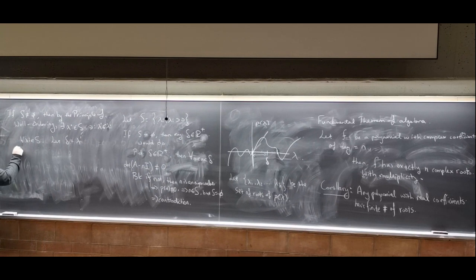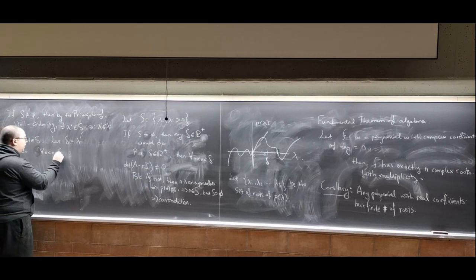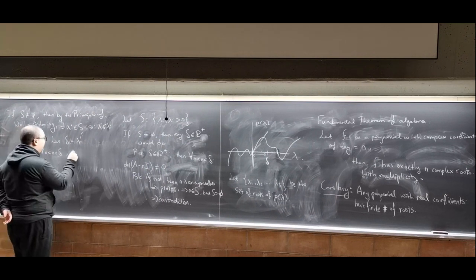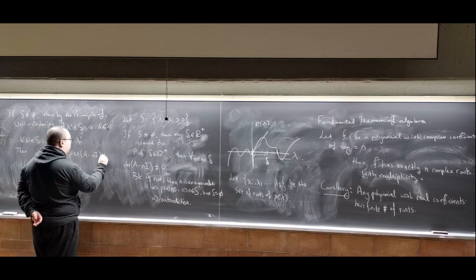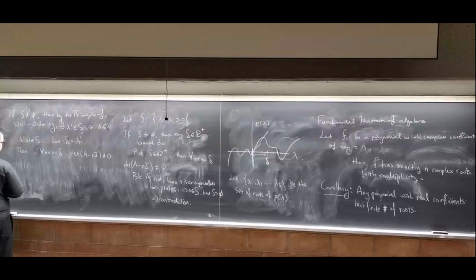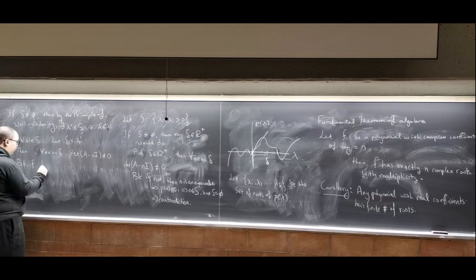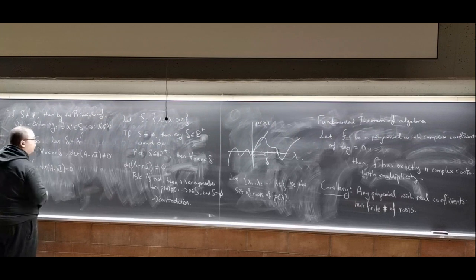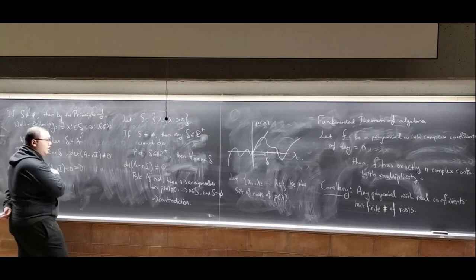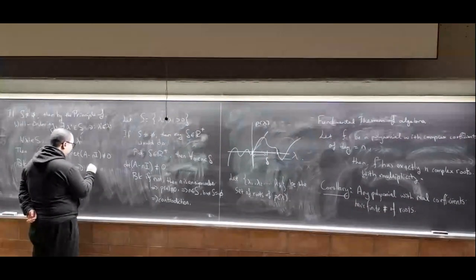Then for all n between 0 and delta, the determinant of A minus nI would have to be non-zero. Again, why is that? Because if not, which means if the determinant of A minus nI equals 0, that means n is an eigenvalue.